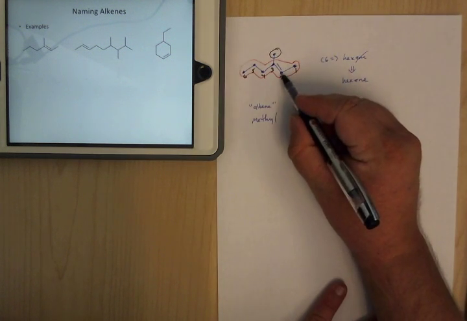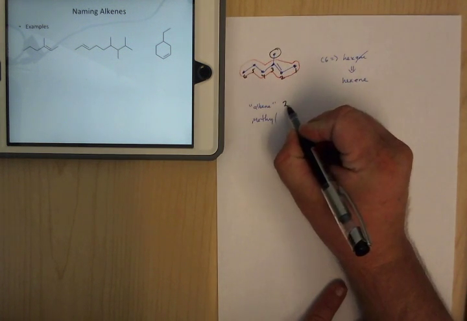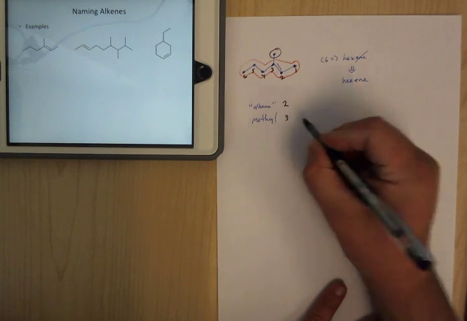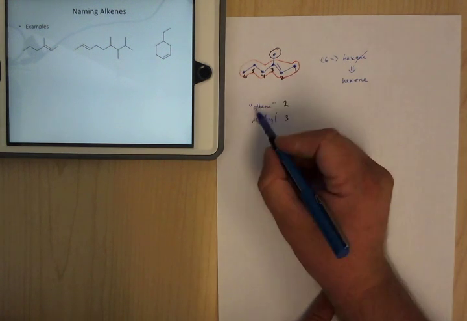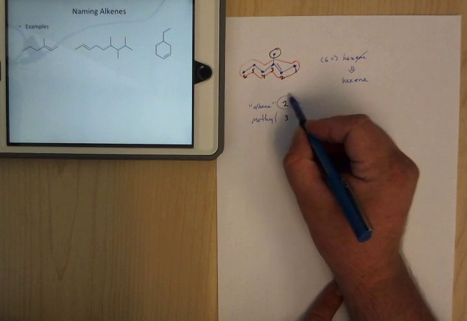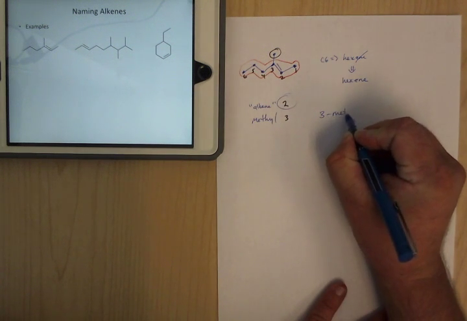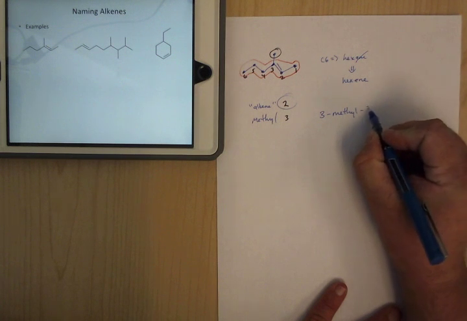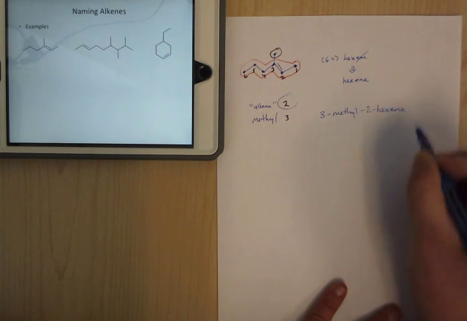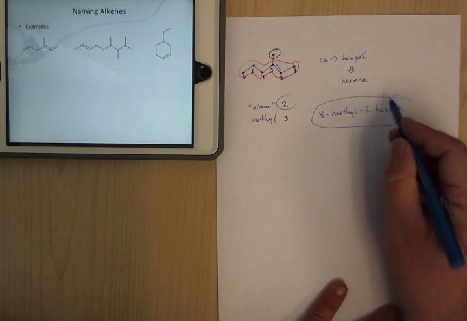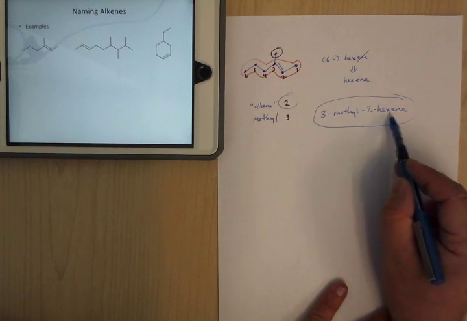The double bond starts at carbon 2, and then the methyl's at 3. So it becomes 3-methyl-2-hexene.